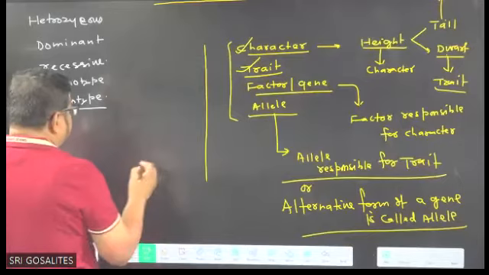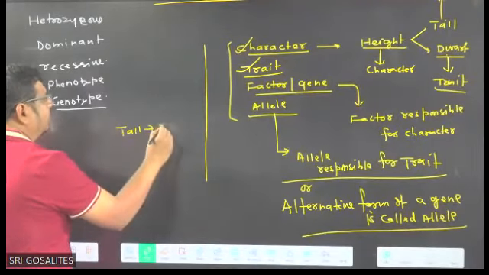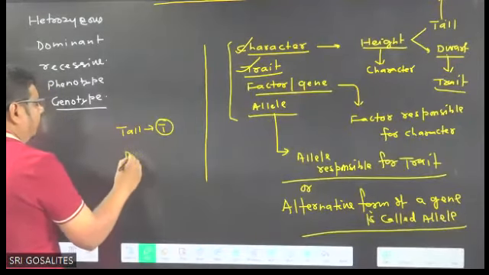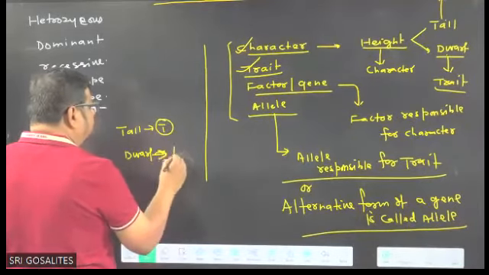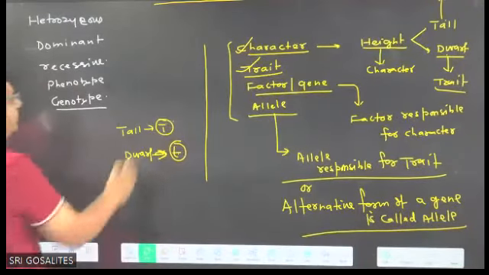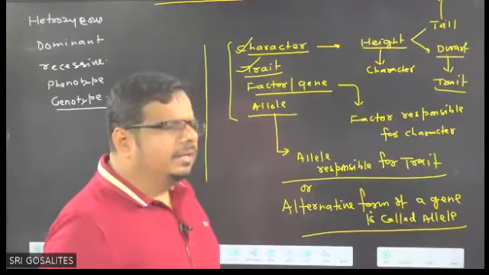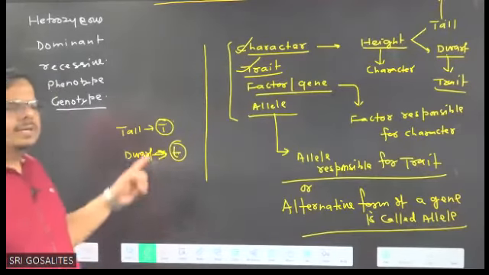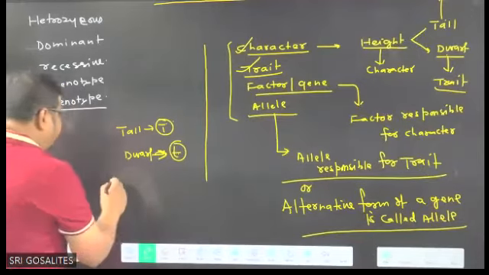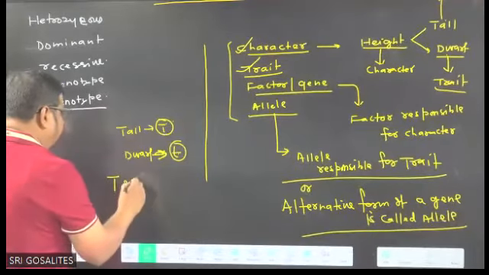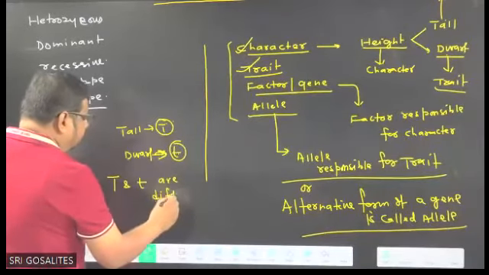Tall is represented by capital T, and dwarf by a small t. So capital T and small t are alleles, and gene also. But capital T and small t are different alleles of the same gene.